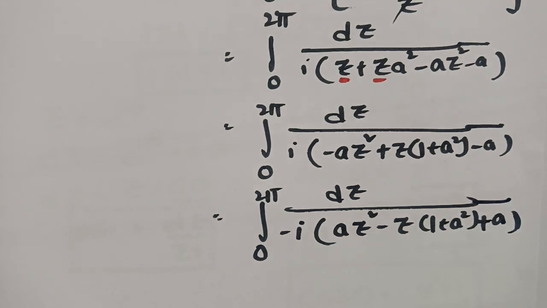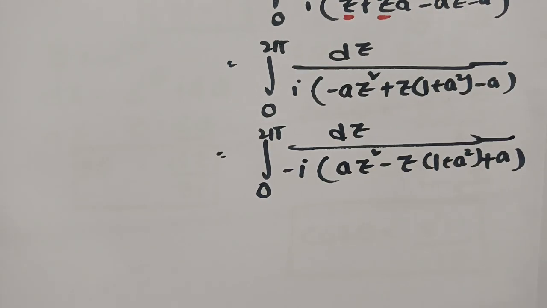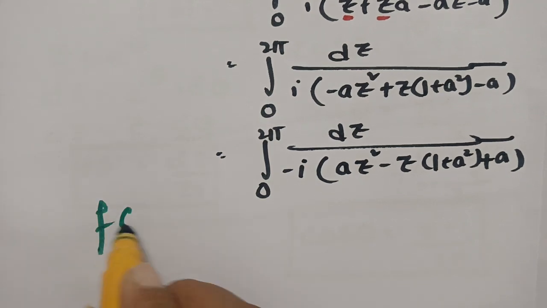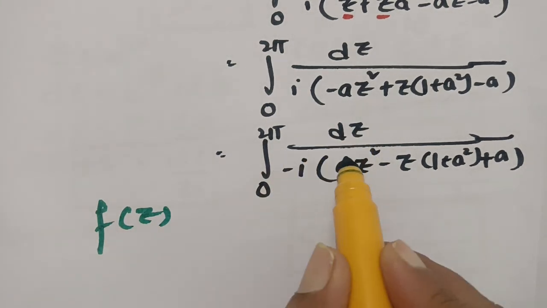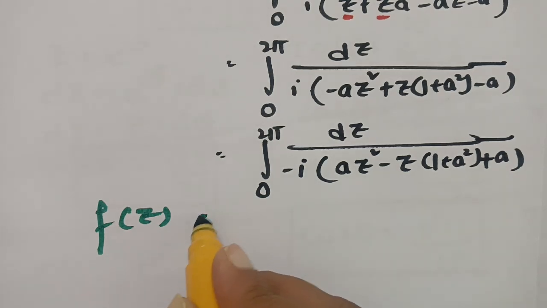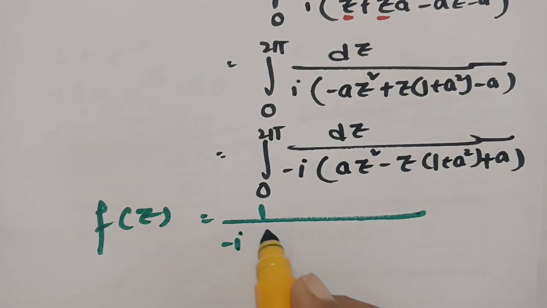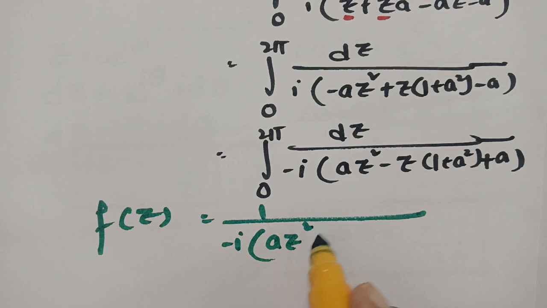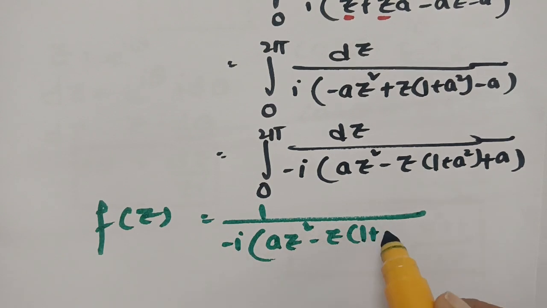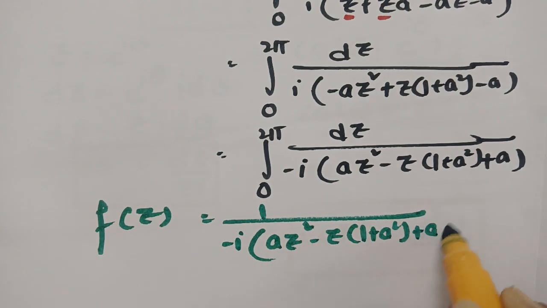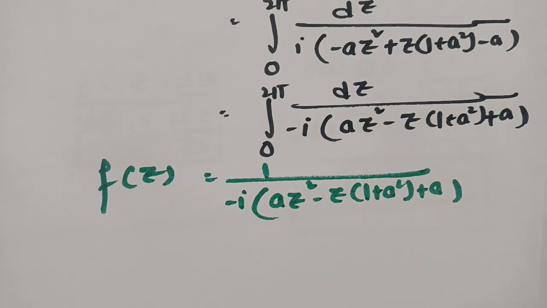Clear? Now see what our f(z) is from this. So f(z) is integral f(z) into dz, which is 1 by minus i times of a z² minus z into (1 plus a²) plus a. So in order to get the poles, what we have to do?